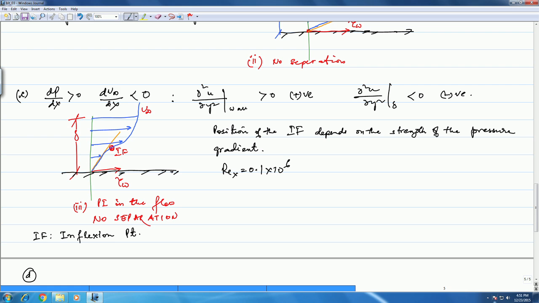If you look at the slope of this curve right now, now had this separation point been higher, for a very strong pressure gradient ∂p/∂x, I could draw this curve in several ways. Instead of doing it like this, let me draw on top of this to give you the idea.